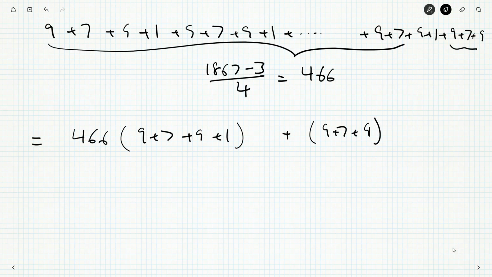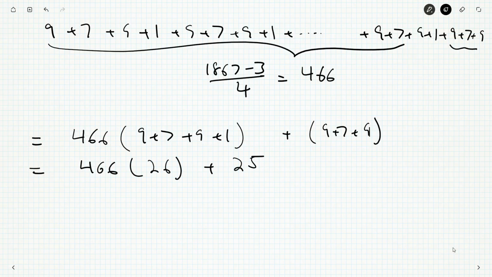Okay, so this is 466 times, the 2 9s is 18, the 7 and the 1 is another 8, so that's 26, and this is the same, but it doesn't have the 1 in it, so that's 25, and this is something I can just plug into my calculator now.